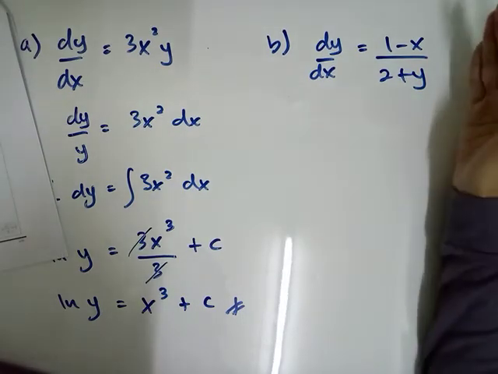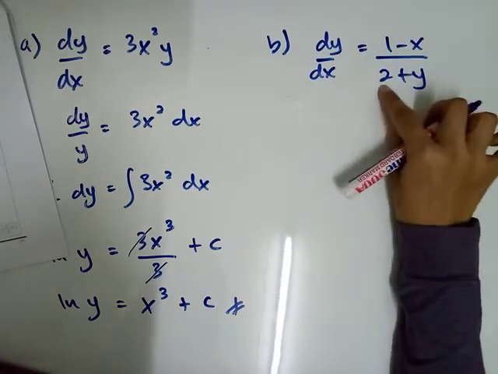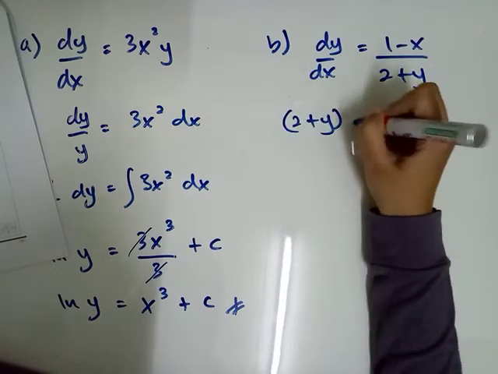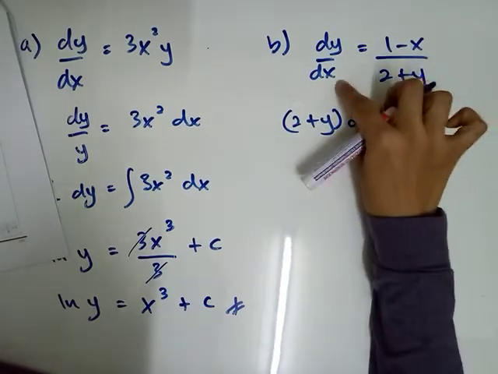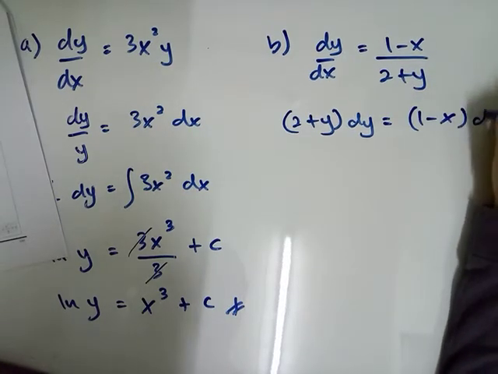Satukan in terms of y dengan in terms of x. So, this 2 plus y, move to the left, it will become 2 plus y dy. Dx move to the right, 1 minus x dx.